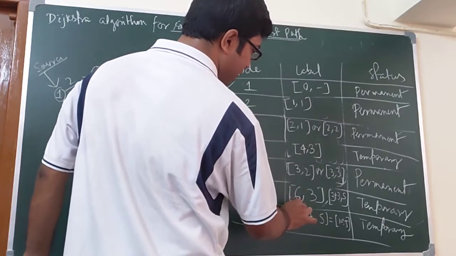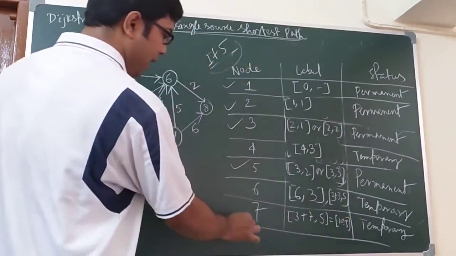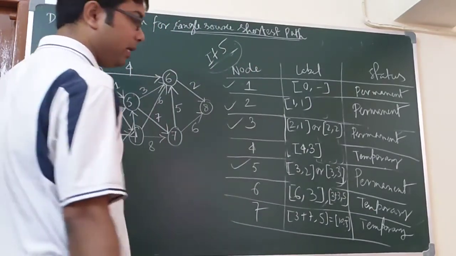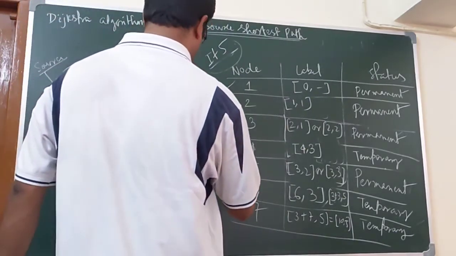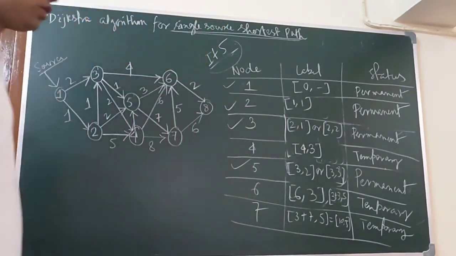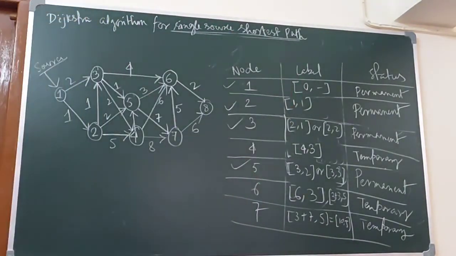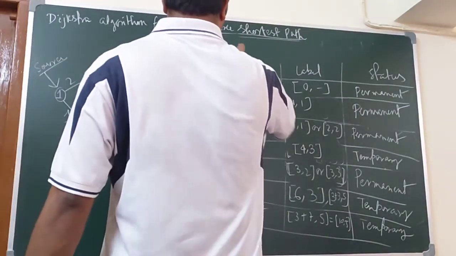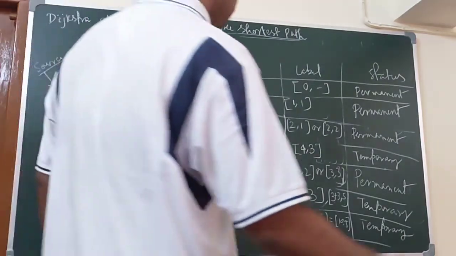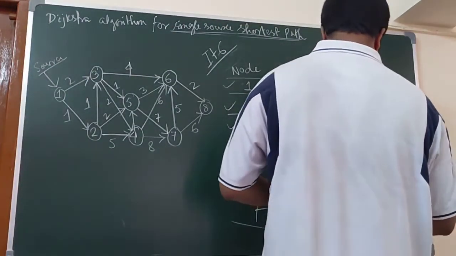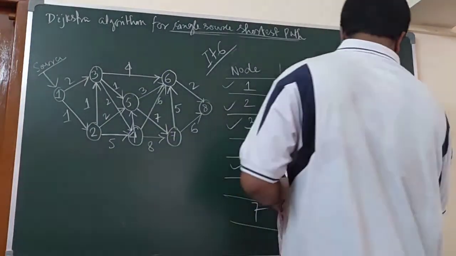And node 6, the level value is either 6, 3 or 6, 5. In 7th node, the level value is 10, 5. Okay. So we have to take 4th node as permanent in iteration 6. So in the beginning of iteration 6, we have to make this 4th node permanent.